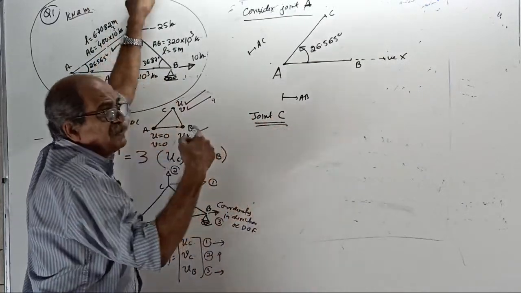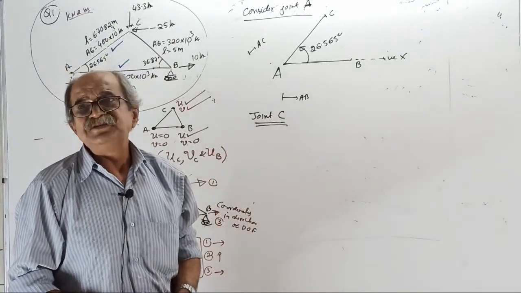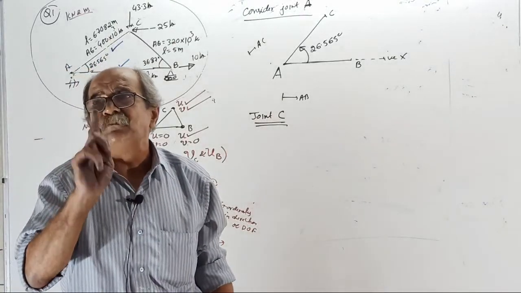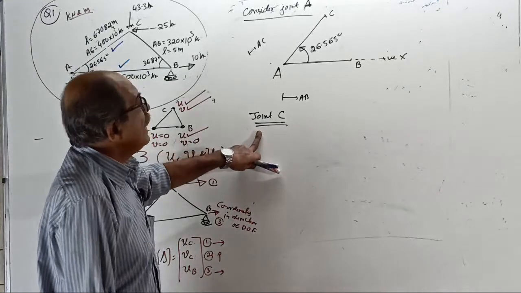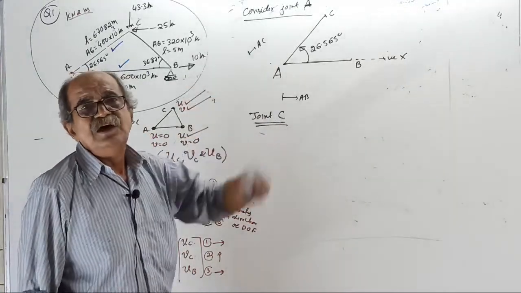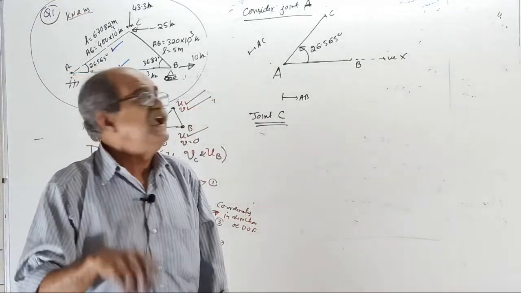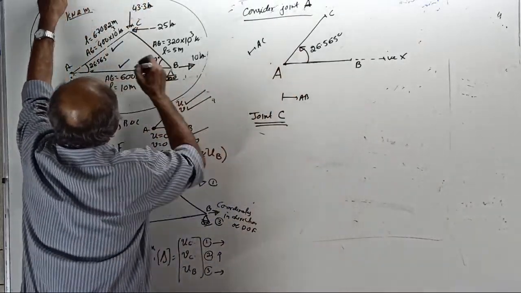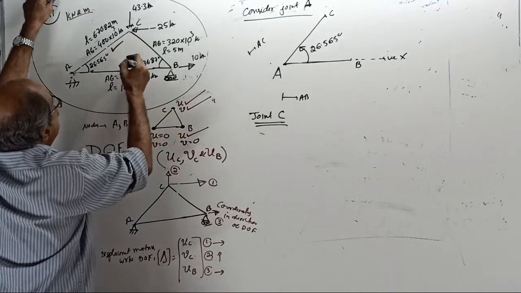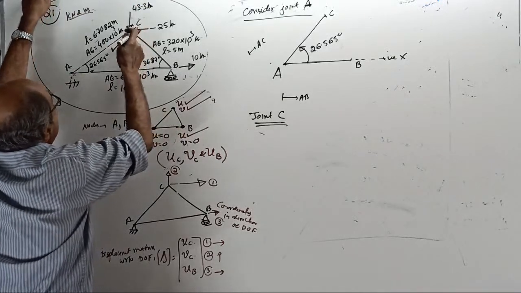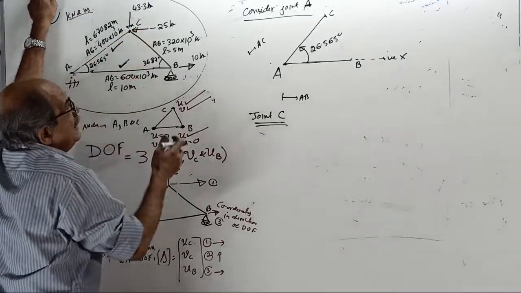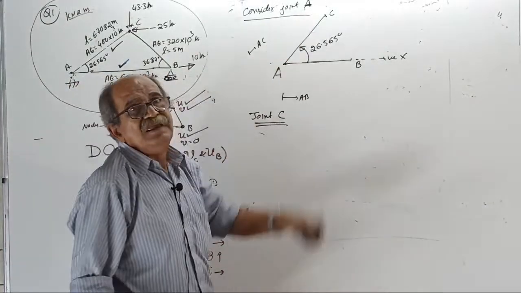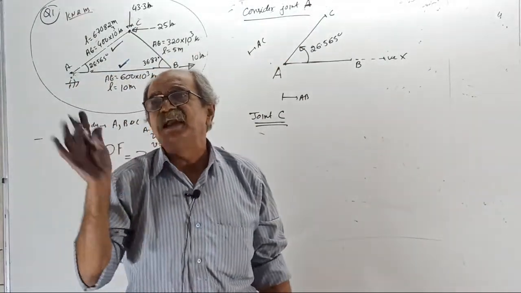When you go to some other joint, consider only the remaining members there. A member already considered earlier should not be considered once again. When you considered joint A, we considered AC and AB. When you go to joint C, don't consider CA. Why? AC is already over. A member should not be considered a second time.